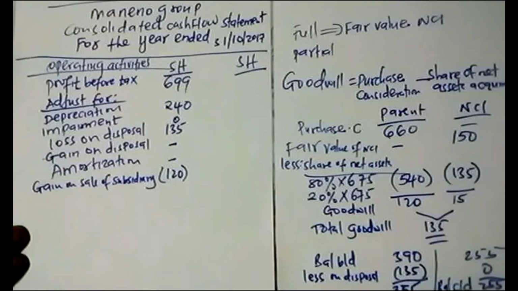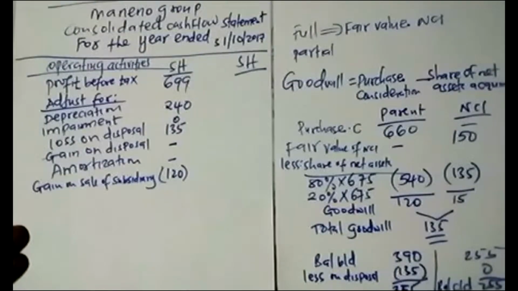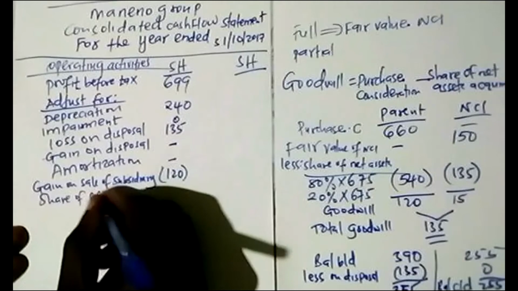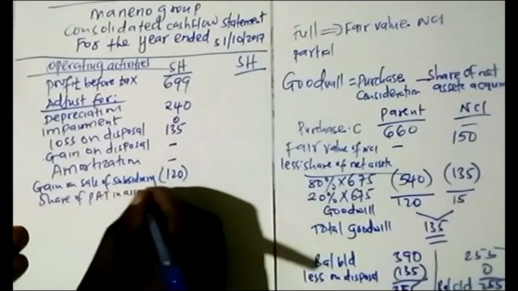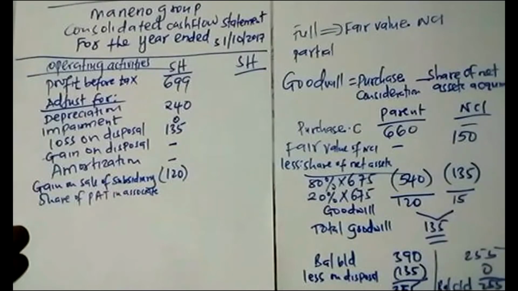Another item is the share of profit after tax in associate. It was 144.